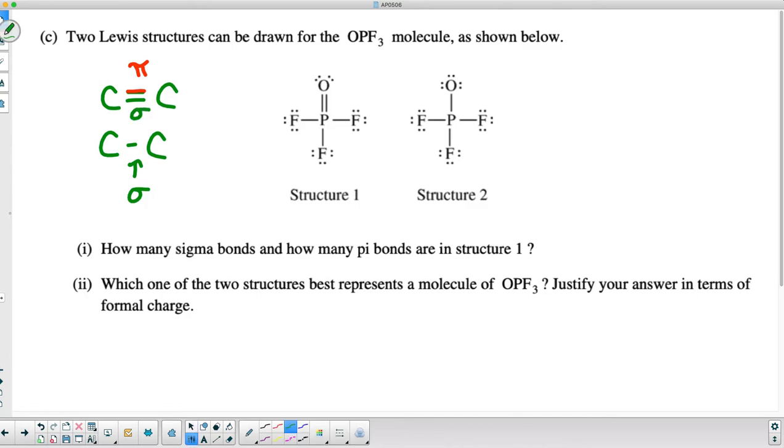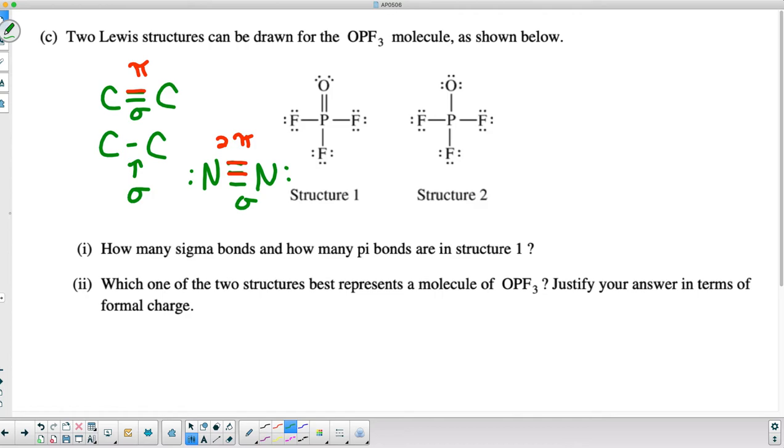In a triple bond like this, I have one sigma and two pi. So I have one sigma here, and two are pi.